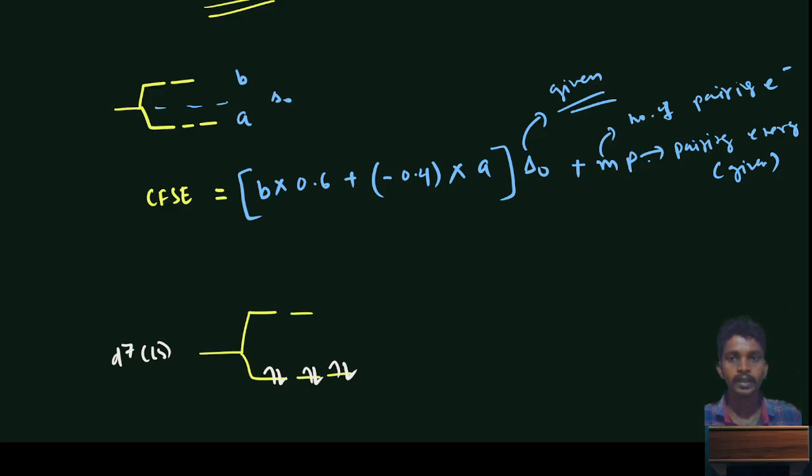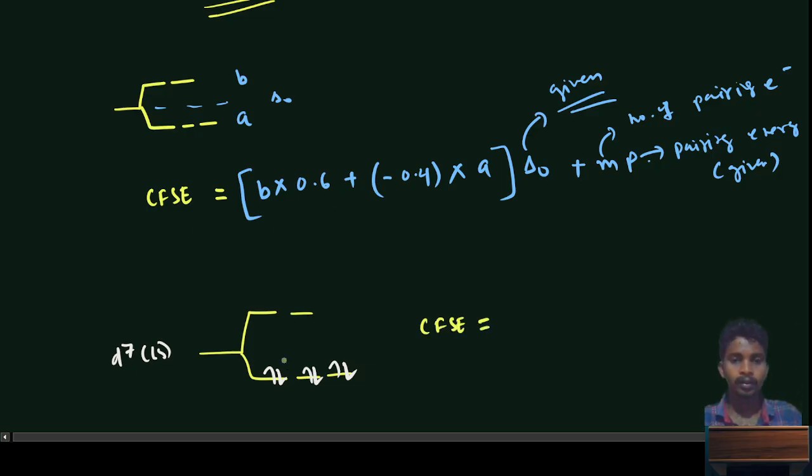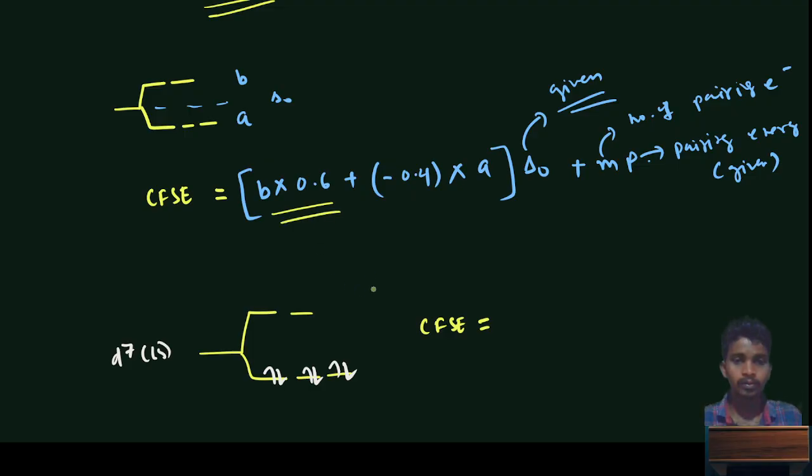So this will be the CFSE. B electrons is 0, so that term is 0.